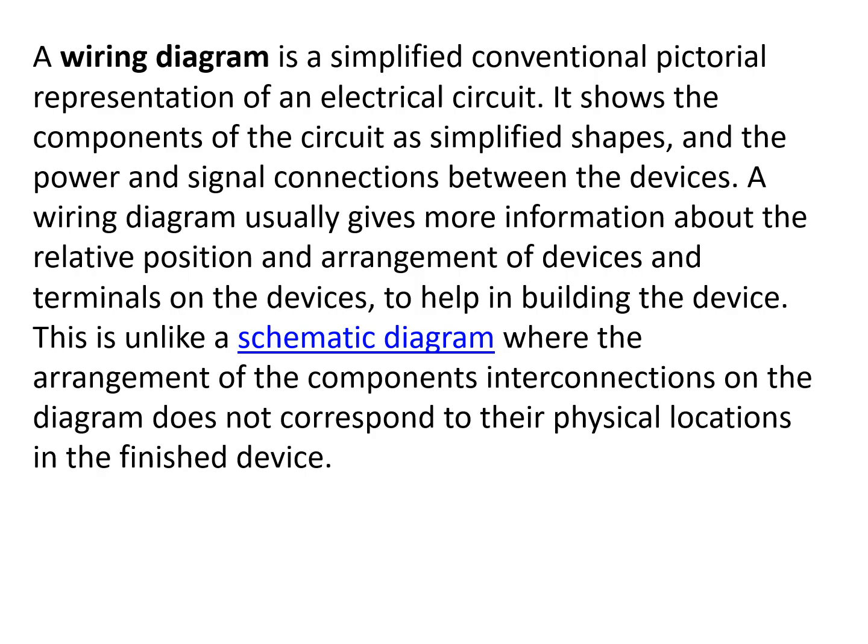A wiring diagram usually gives more information about the relative position and arrangement of the devices and terminals on the devices, to help in building the device. This is unlike a schematic diagram, where the arrangement of the components and interconnections on the diagram does not correspond to their physical location in the finished device.